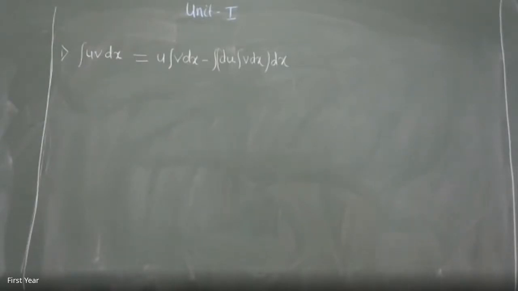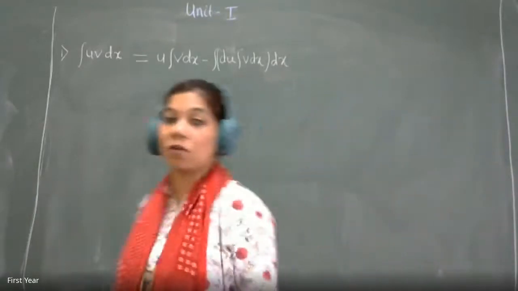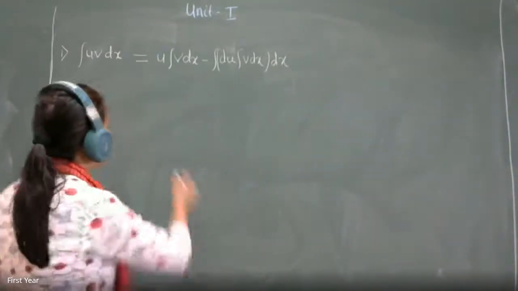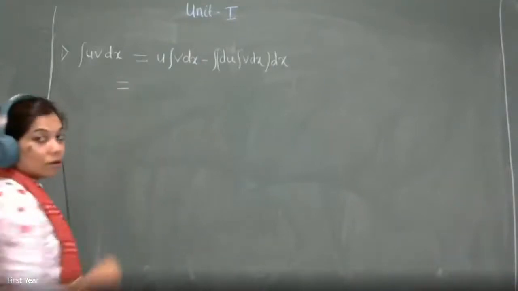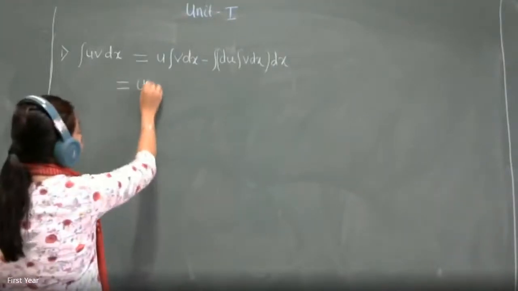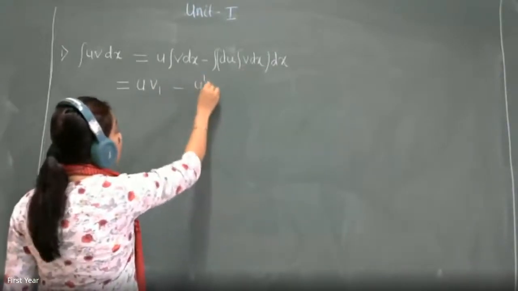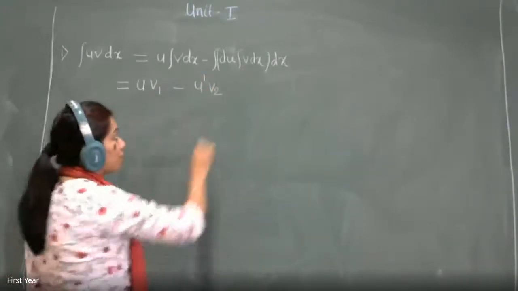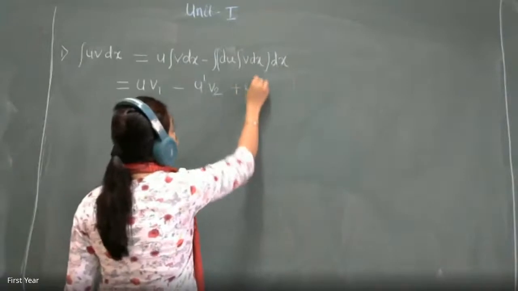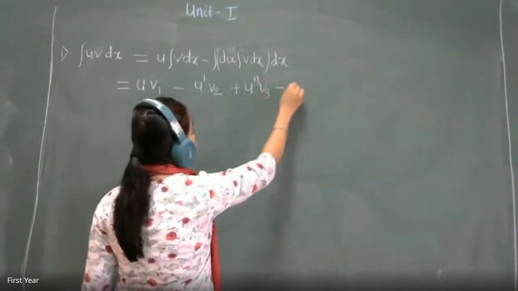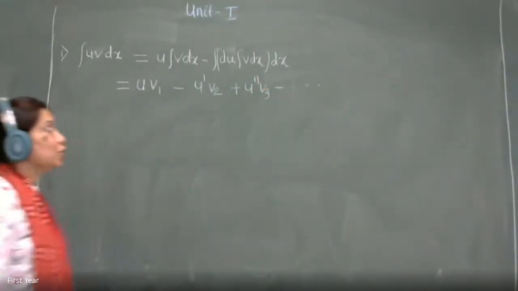But many times it becomes easy to use Bernoulli's formula. The Bernoulli's formula is nothing but: u remains as it is, first integration of v, minus u dash, second integration of v, plus u double dash, third integration of v, and minus, plus alternately and so on.